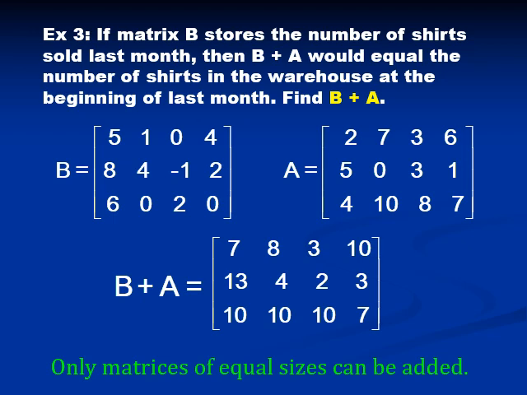So 7, the next one was 1 plus 7 is 8, 0 plus 3 was 3, and so on. So we simply add up all of the corresponding elements of the two matrices that are the same size. Again, if they're not both 3 by 4s, we could not have added them. If one was a 4 by 3 and one was a 3 by 4, we cannot add those.